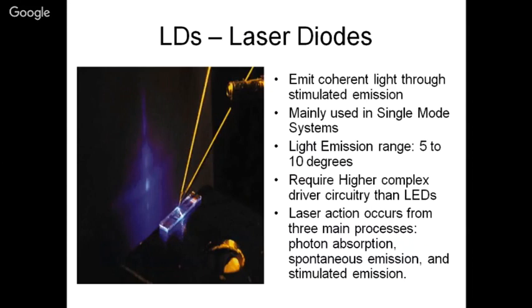So laser diodes, what do they do? They emit coherent light through stimulated emission. How the light is produced, how lasers work, is entirely a separate chapter. I will not go into that. They are mainly used in single mode systems. Because we have to operate lasers, there is a threshold when the lasing starts.